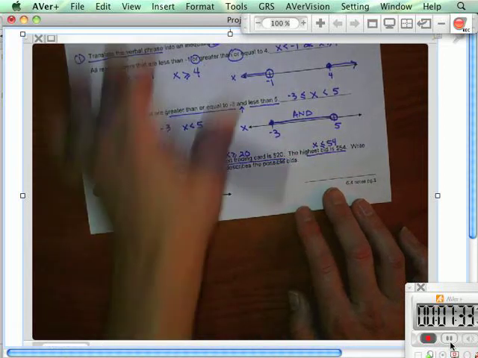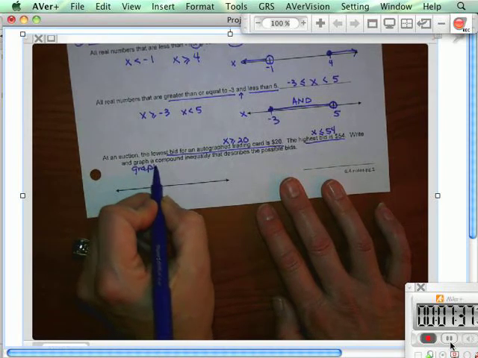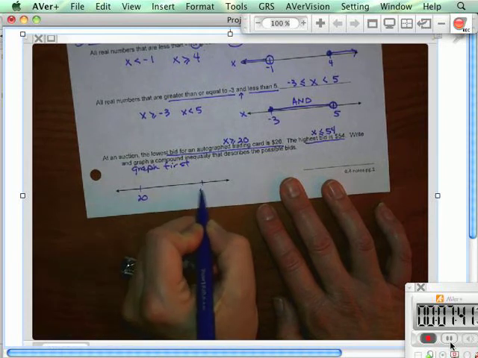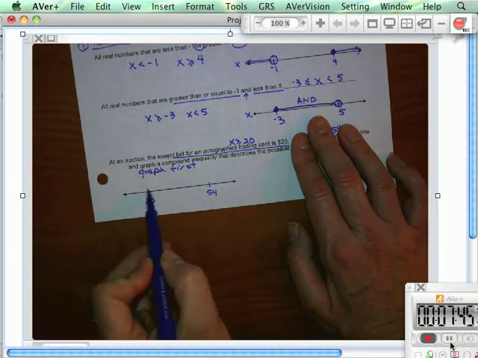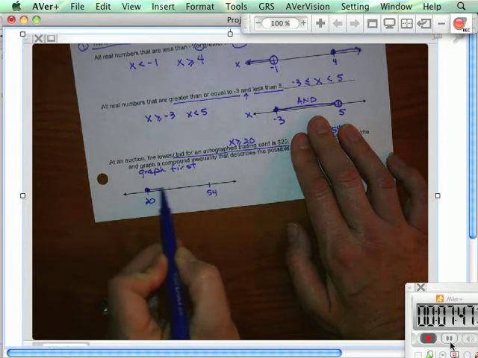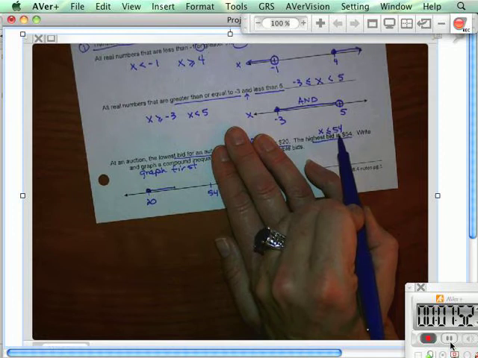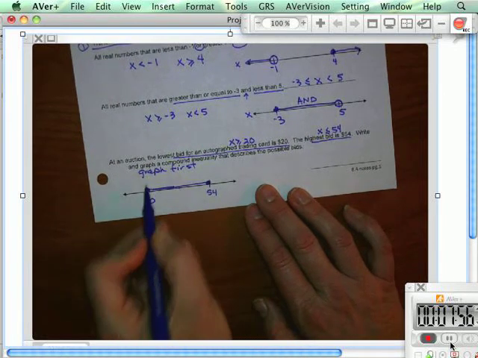Okay? Let's graph it first and just make sure. So I'm going to put 20, I'm going to put 54, and now I'm right here. It says x is going to be greater than or equal to 20, so it's a solid dot, and it's this way, but it also won't go higher than 54, so it's going to be a solid dot and this way. So this is an AND graph.